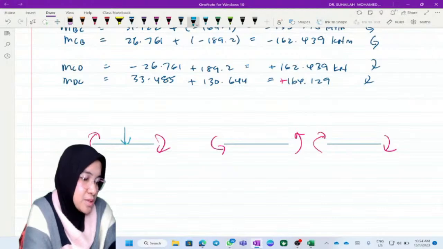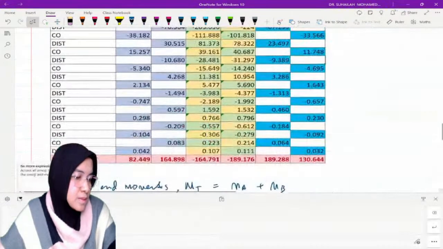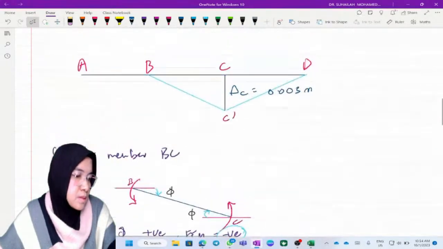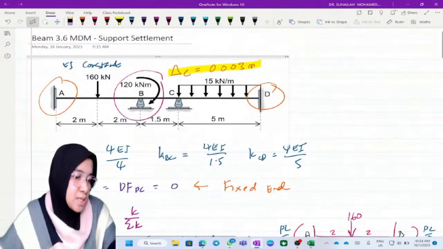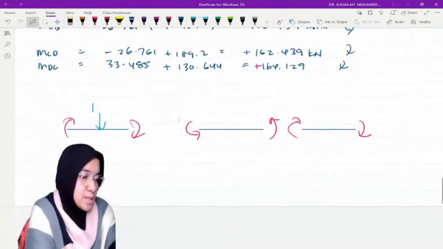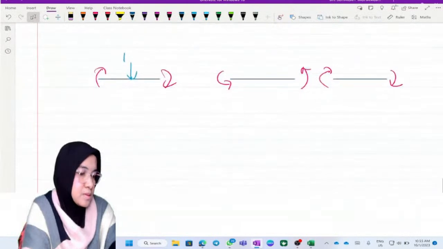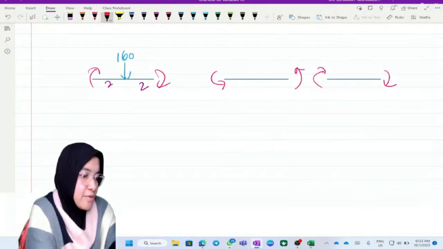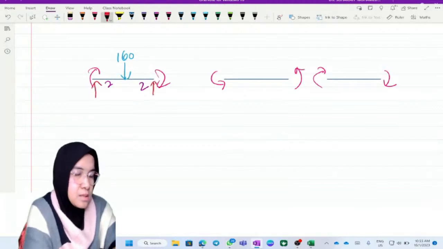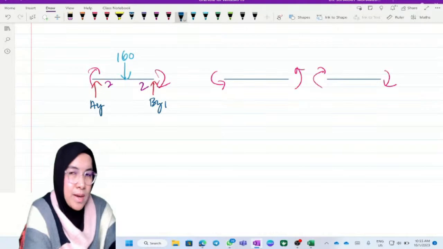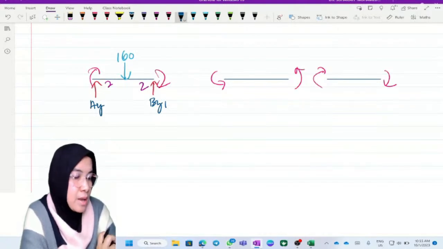This load is 160, with 2 m and 2 m. So we have the vertical forces: this is called AY, and this is BY1.